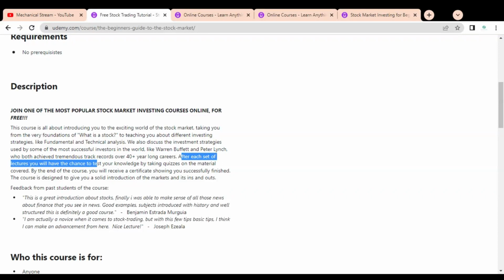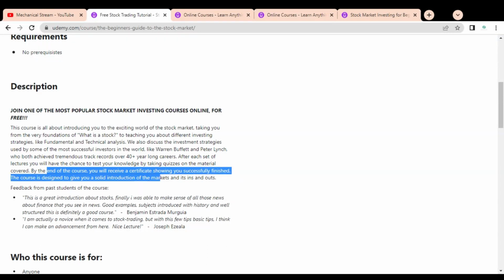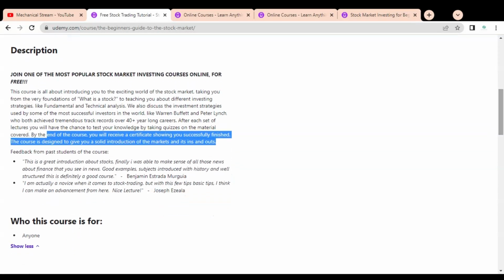After each set of lectures you will have the chance to test your knowledge by taking quizzes on the material covered, and by the end of this course you will receive a certificate showing you successfully finished. This course is designed to give you a solid introduction to the market and its ins and outs.